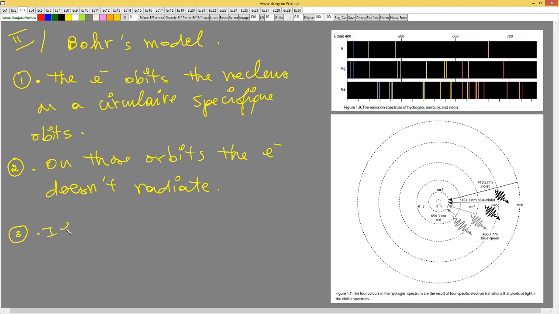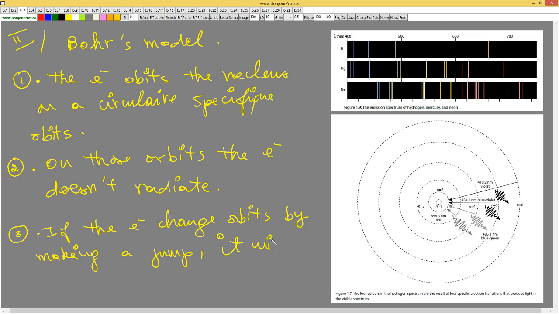If the electron changes orbits by making a jump, it will emit light or absorb light.